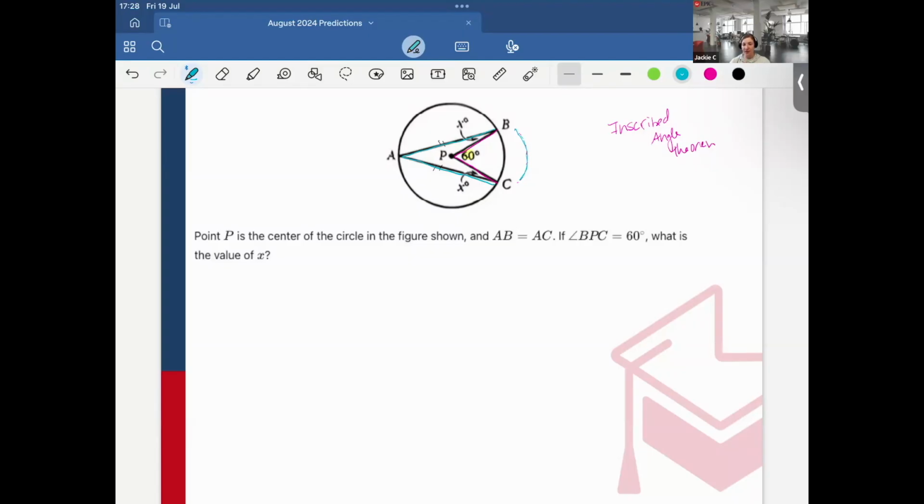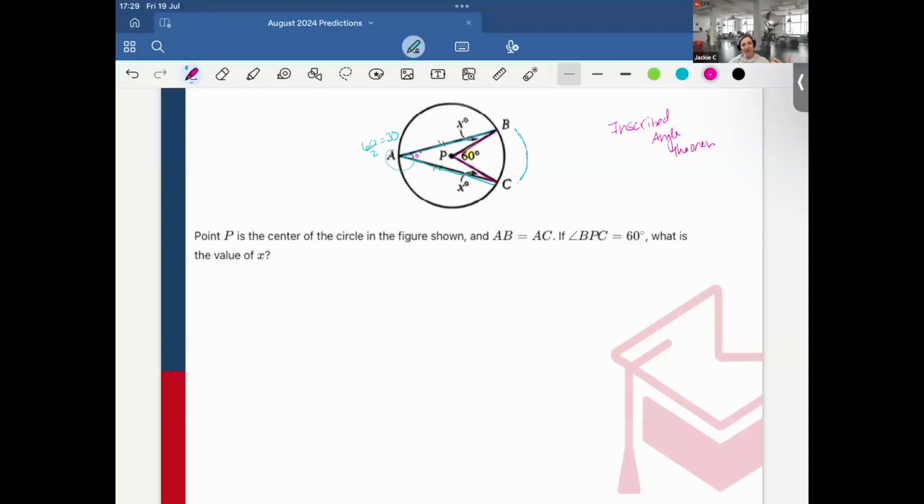The inscribed angle theorem says that when you have a center angle and the inscribed angle is cut from the same arc, it will always be half that of the center angle. So this angle here is going to be 60 divided by 2, which is 30. This is a theorem. It is fact.